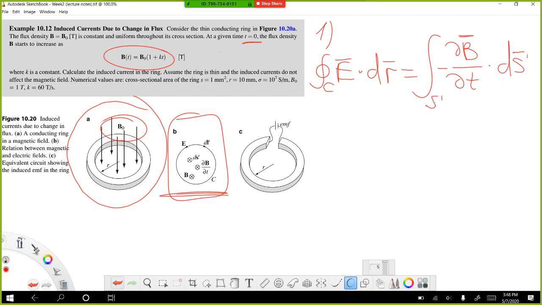Okay. S is this, and C is this, is the circumference of the ring.